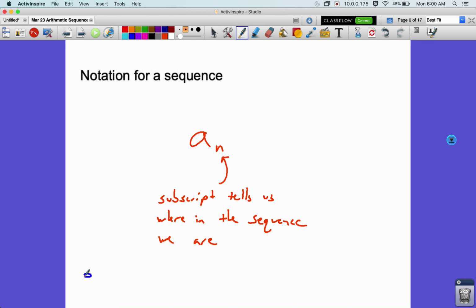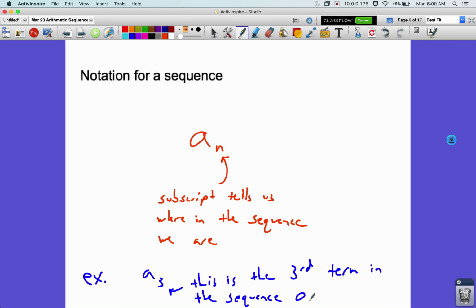So for example, if I have A sub 3, this is the third term in the sequence A sub n. All right, and if we need to be doing a problem with multiple sequences, we might have B sub n and C sub n, or S sub n is pretty common with sequences.